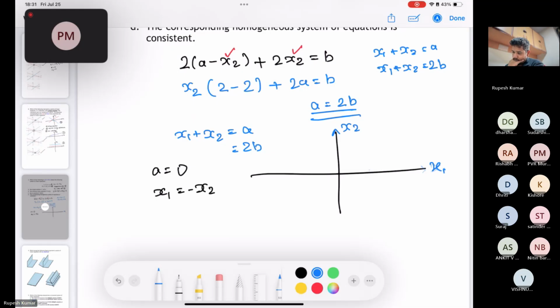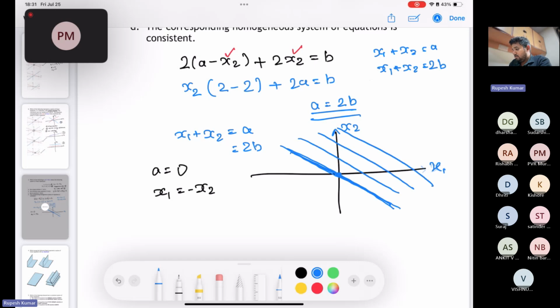It passes through the origin, fine, and y equals minus x, so the slope is -1. The line looks like this, right? Then you can simply choose the value of a, and the line can just move in this direction. These are all possible lines.